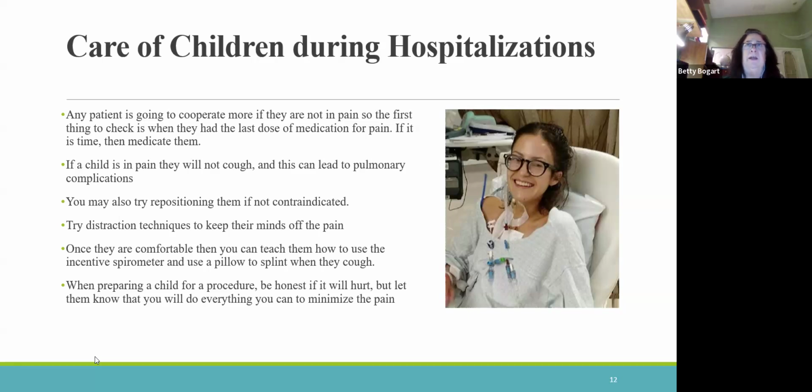Now, children are not going to tell you that they're in pain, right? Because they're afraid of the medicine or the shot, or mommy or daddy saying, no, you're not in pain. But remember, children do have pain. If you have a child post op and you want them to get out of bed, cough, deep breathe, ambulate, all those things, just like you would with an adult, make sure you pre-medicate them with pain medicine.